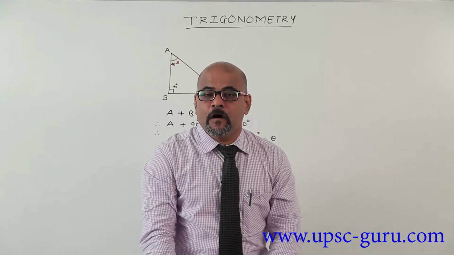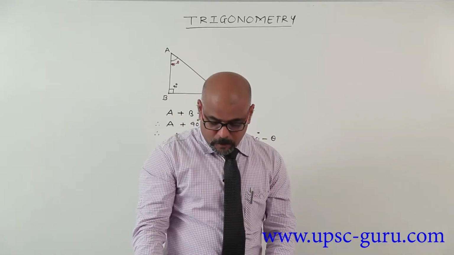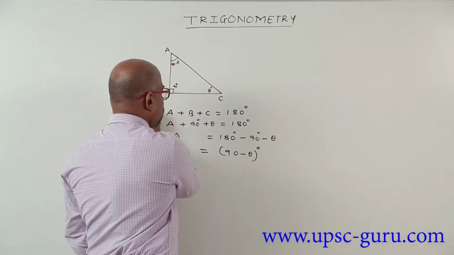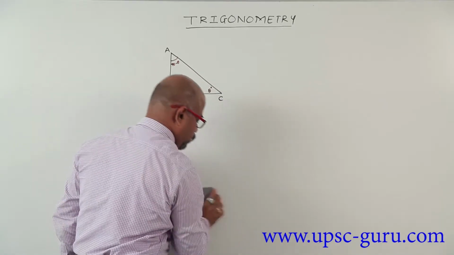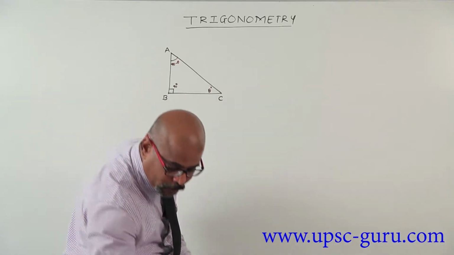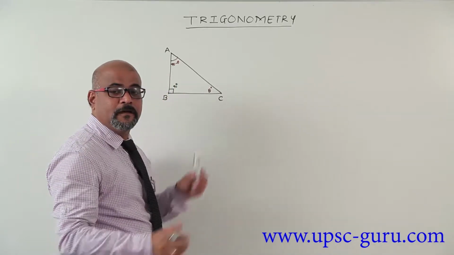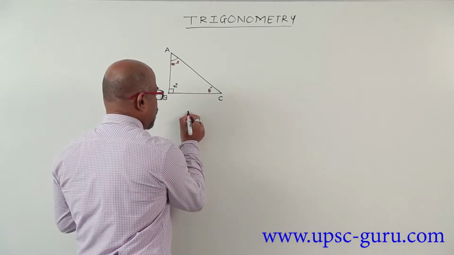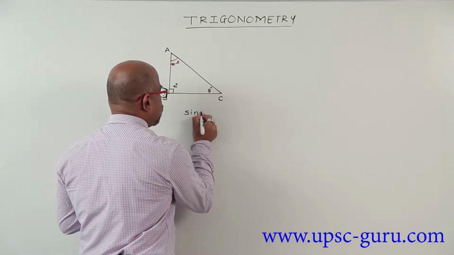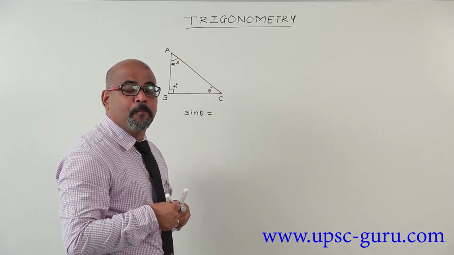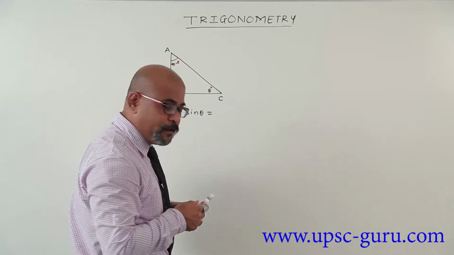Now let us find all the trigonometric ratios of triangle ABC. First we find trigonometric ratios for this angle C, that is angle theta. First ratio is sin theta. We know that sin equals to opposite side upon hypotenuse.